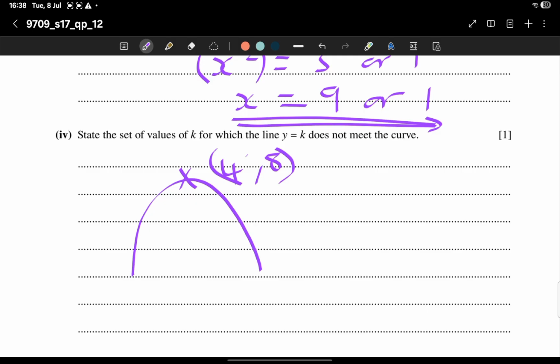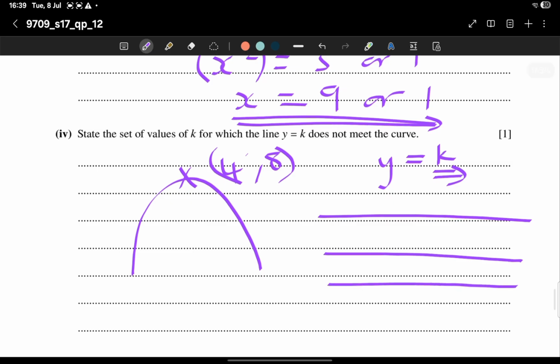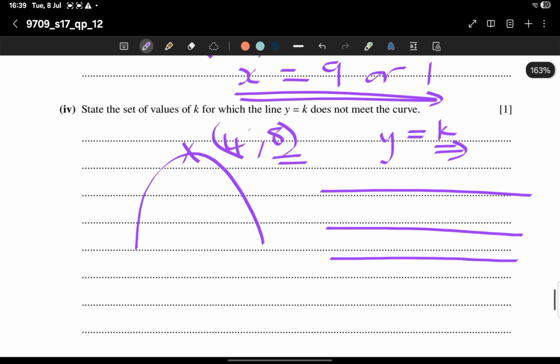And we know lines that are y equals k, or y equals a constant, are horizontal lines like this, and for that line not to meet the curve, it has to be above 8. So we write k is greater than 8.